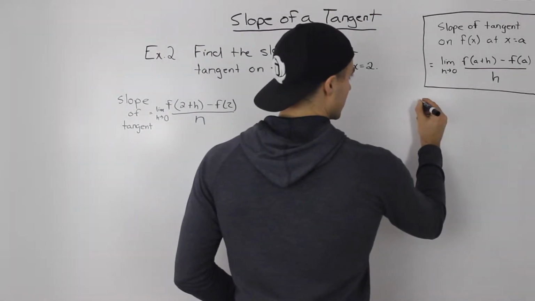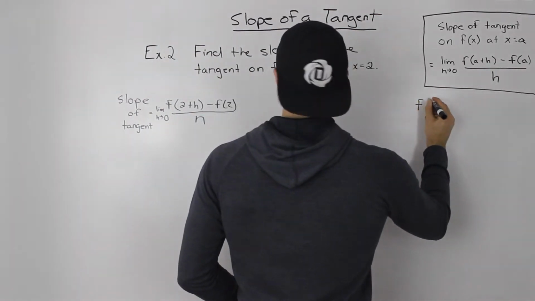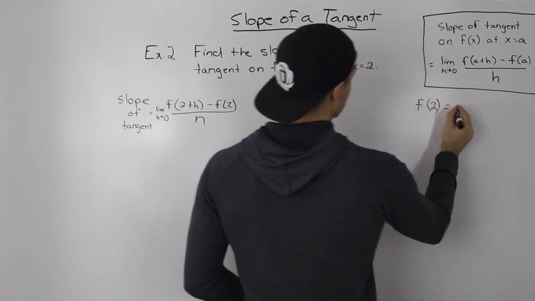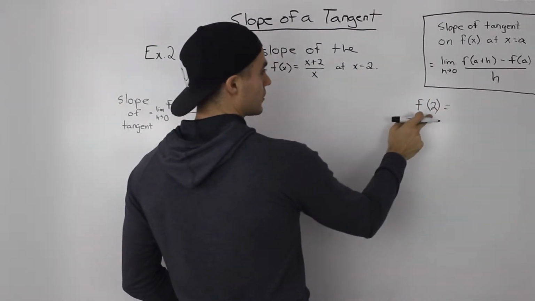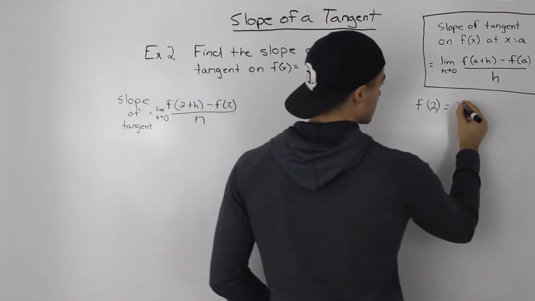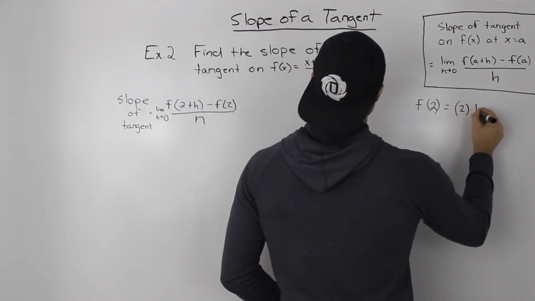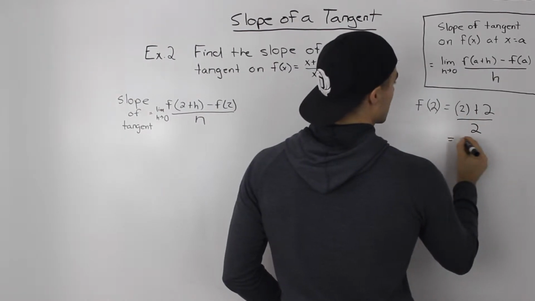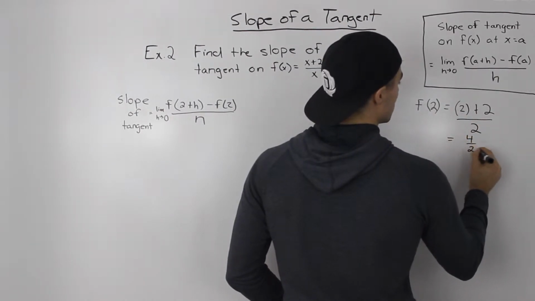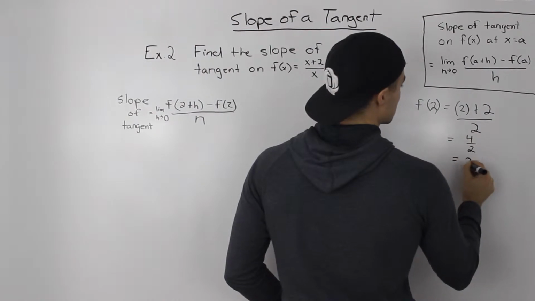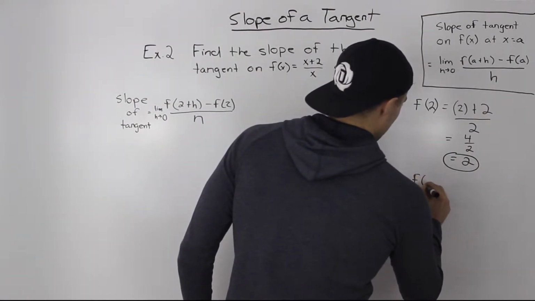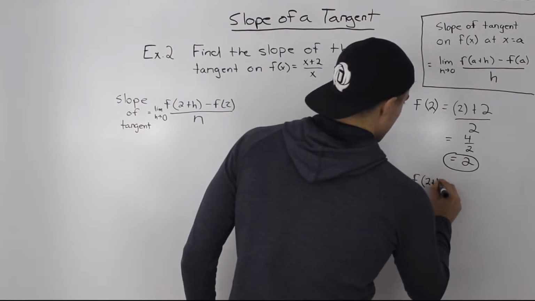So f of 2, let's start with. The function is x plus 2 over x, so I'm going to plug in 2 for the x value. So we'll have 2 plus 2 over 2, which is the same as 4 over 2, which is just equal to 2. Okay, and then let's find f of 2 plus h.